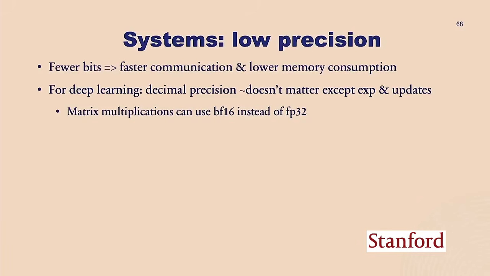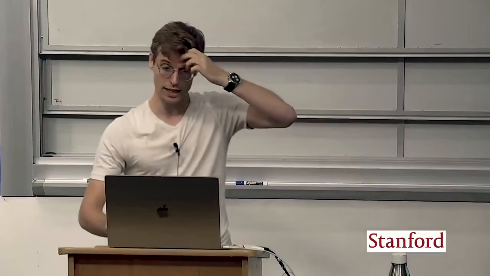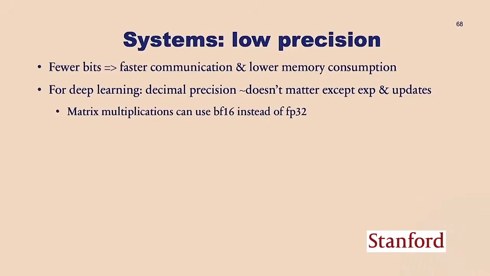When you do matrix multiplication, or for example SGD, there's already so much noise that if you update something by 0.01 or 0.015, who cares? So instead of using 32 bits per float, which is what people used to use, or 64, which is what you would use in other domains, you use 16 bits for matrix multiplication. So for every float, you use 16 bits.